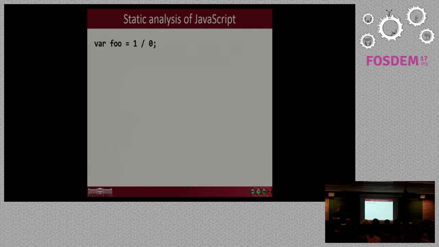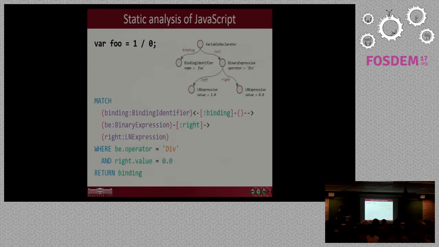Another use case is the static analysis of JavaScript applications. This is a very simple example. You have a division by 0 in your source code, and you can detect this by building a syntax tree and doing pattern matching on the syntax tree. So basically, this Cypher query allows you to catch division by zeros in your source code.